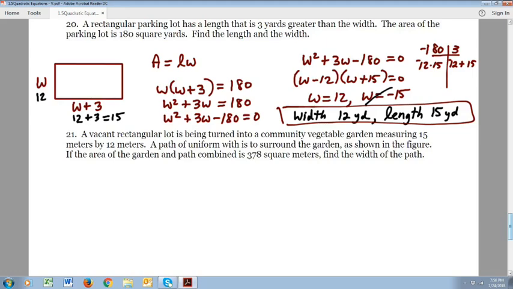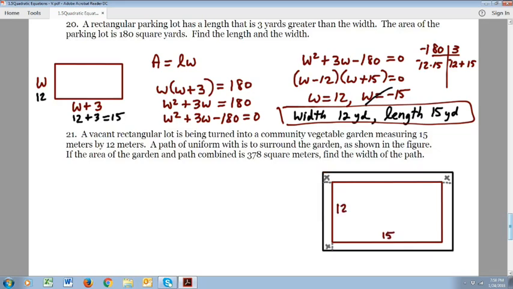All right, let's look at 21. Again, this is the optional problem. So it says a vacant rectangular lot is being turned into a community vegetable garden measuring 15 meters by 12 meters. I'm going to go ahead and draw the picture here, the basic picture.